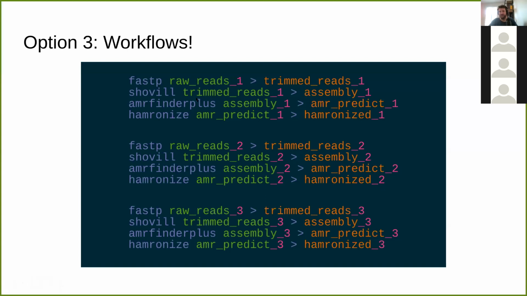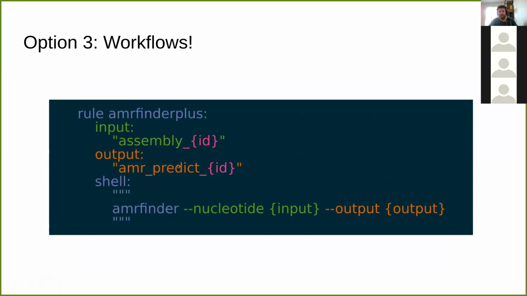So instead of saying fastp, raw read, sample, trimmed reads, we can take AMR Finder Plus. If we want to run AMR Finder Plus on a whole bunch of sequences, we can, using the example of a workflow manager called Snakemake, write a rule that says: as input, it takes the assembly, the contigs, with the sample name, an ID, at the end.